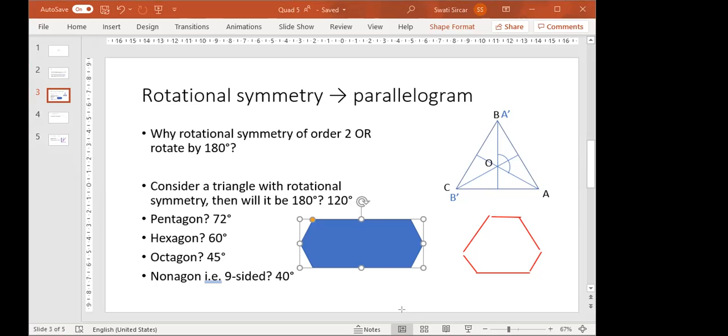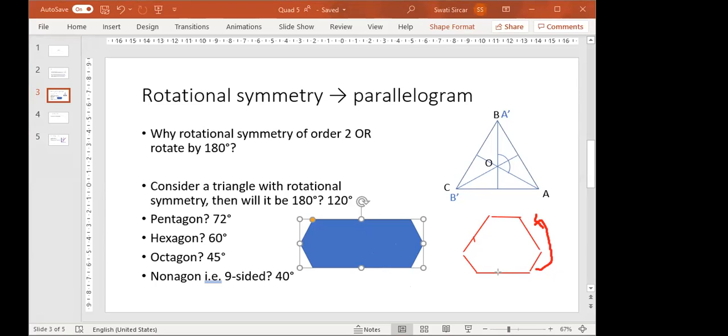Anybody else thinks otherwise? That's rotational symmetry. 120. Yeah, feel free to annotate. The smaller cannot move to the larger side. They're alternating.